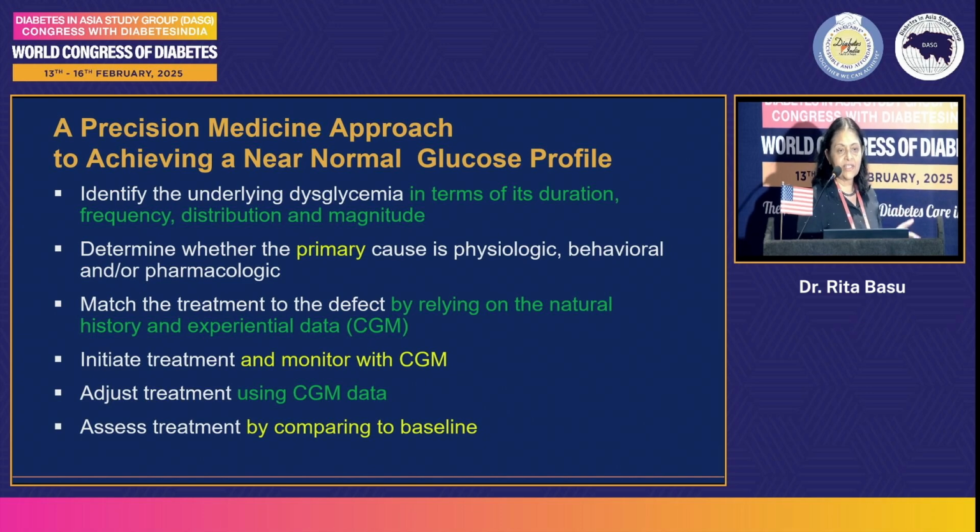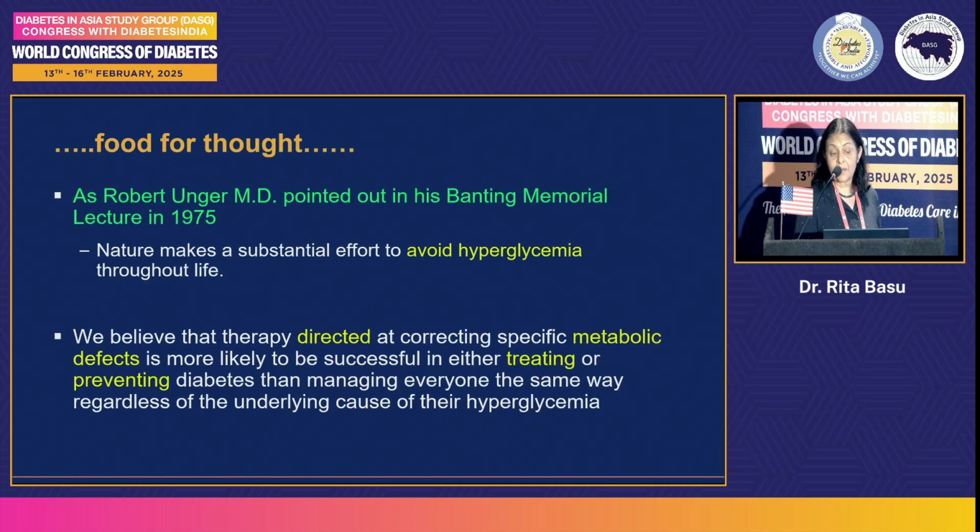They're eating erratically, they eat the wrong types of food. That's all behavioral, and that can be corrected. Match the treatment to the defect by relying on the natural history and the experiential data with the CGM, initiate treatment, monitor with CGM, adjust treatment using CGM data, and assess treatment by comparing to the baseline of that patient.